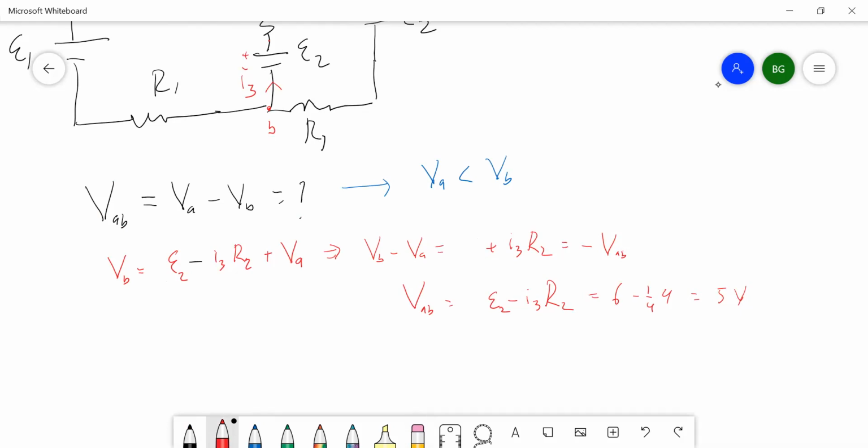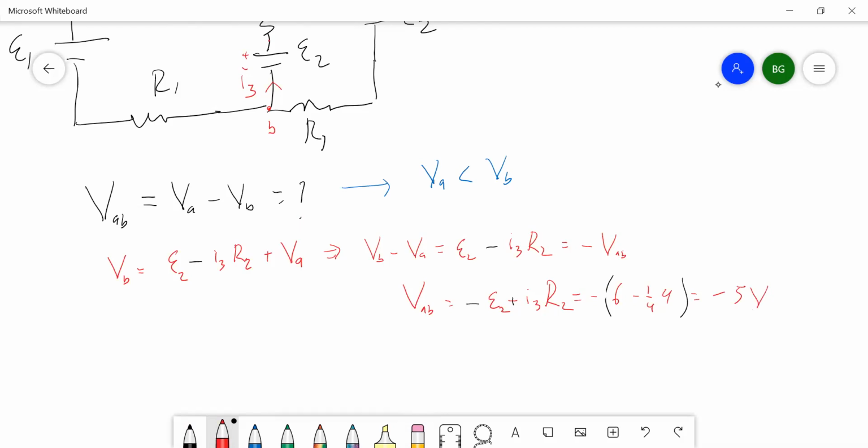Epsilon 2 should be minus, so it should be minus 5 volts.